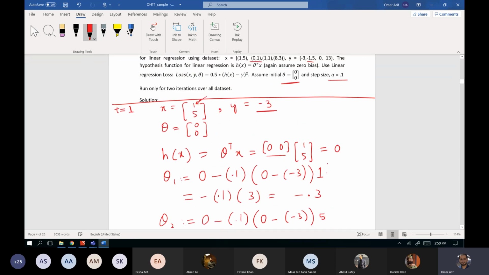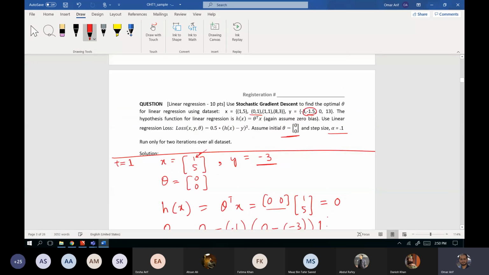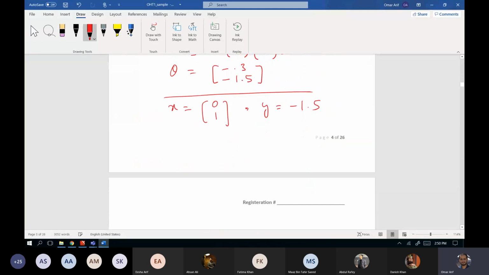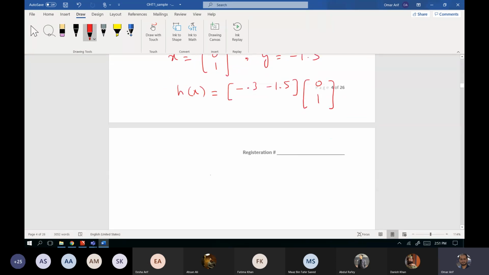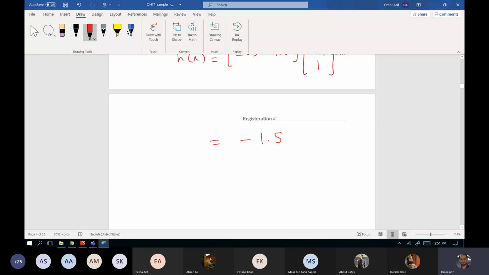We picked y from here; this is your y. Again a forward pass, which means now theta transpose is minus 0.3 minus 1.5, x is 0 1, so this gives me minus 1.5. This is my prediction for the current training example.